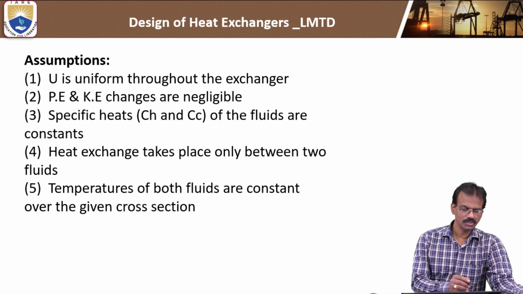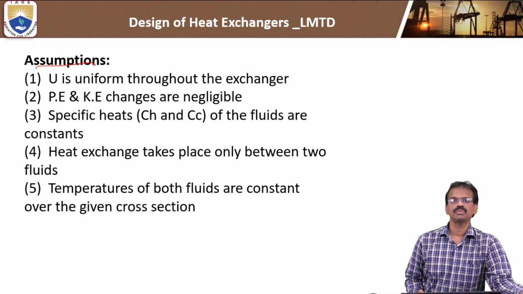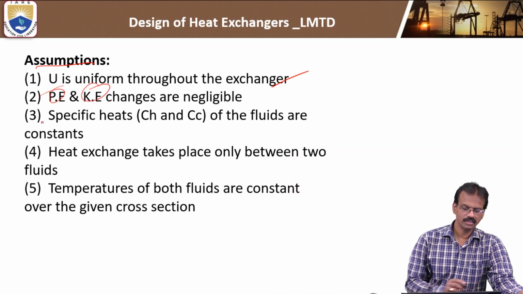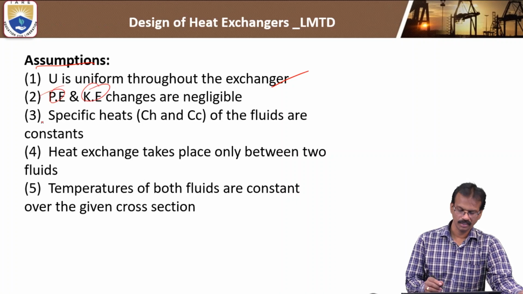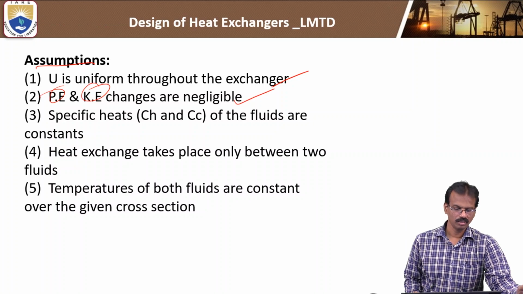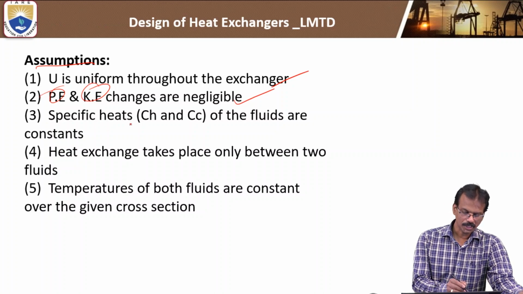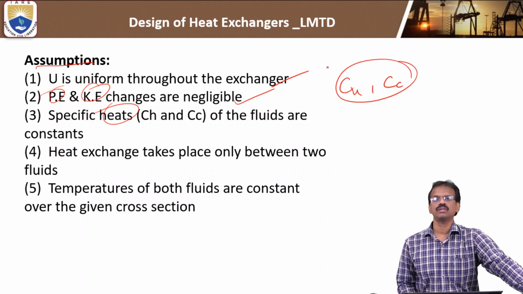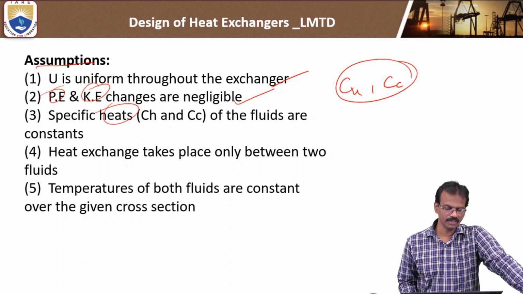Before deriving this, we'll take some assumptions. The overall heat transfer coefficient U is uniform throughout the heat exchanger, so it will not change. Next, potential energy and kinetic energy changes are negligible; we are not considering these energy changes. Next, the specific heats of the hot fluid and cold fluid are constants, not varying parameters.